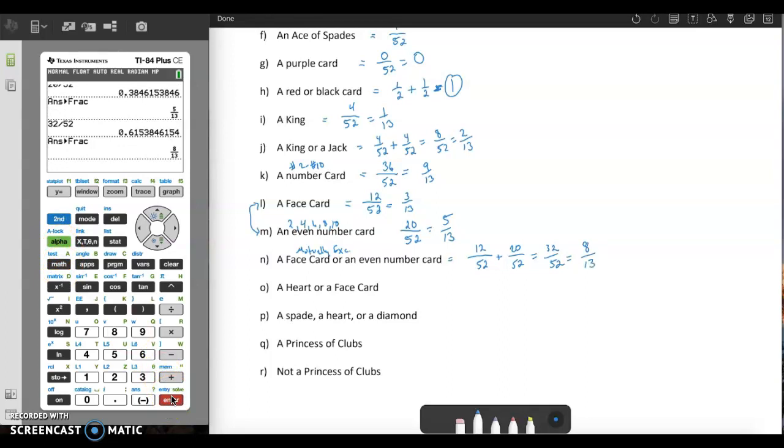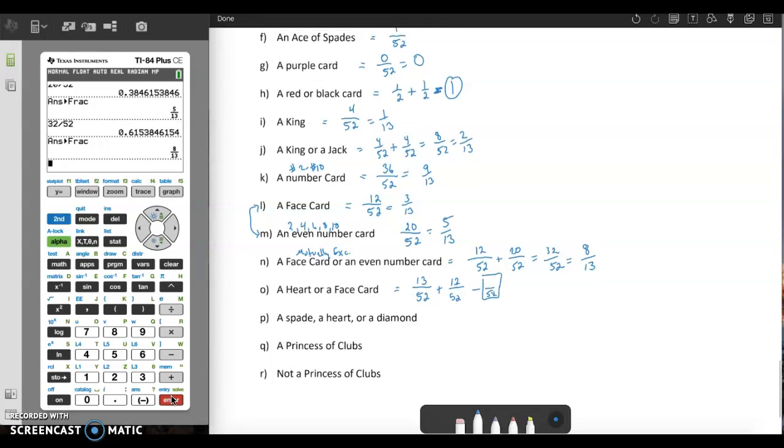A heart or a face card? Okay, well, let's see. Hearts is a suit, so we know that there's 13 hearts. And we also know that there were 12 face cards. Now, is there a way to be a heart and a face card at the same time? Yes, there is. So there's some overlap we're going to have to subtract out.